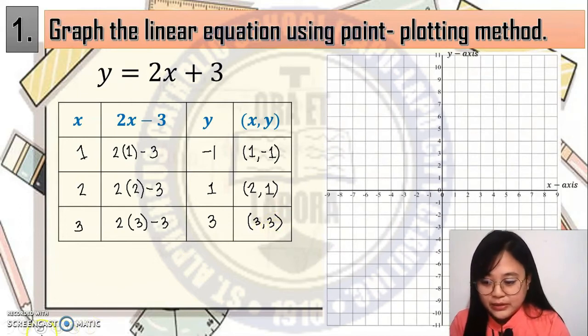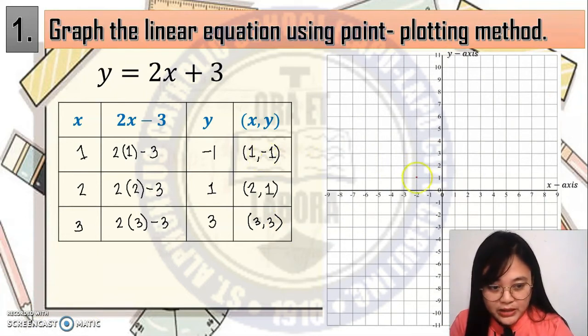Okay. So 1, negative 1 is here. And I want you to label that 1, negative 1. Next would be 2, 1, here, and then label the ordered pair.